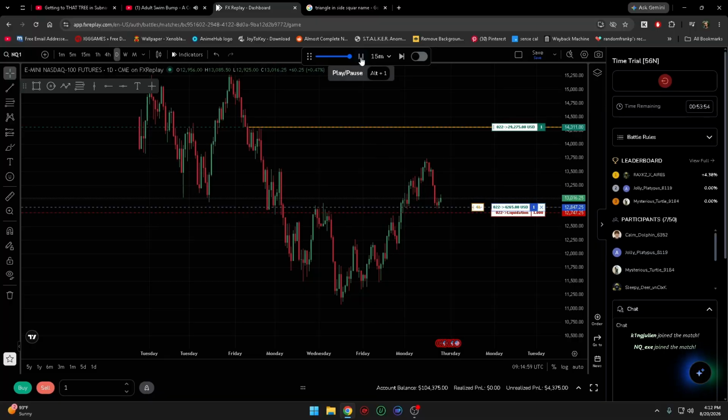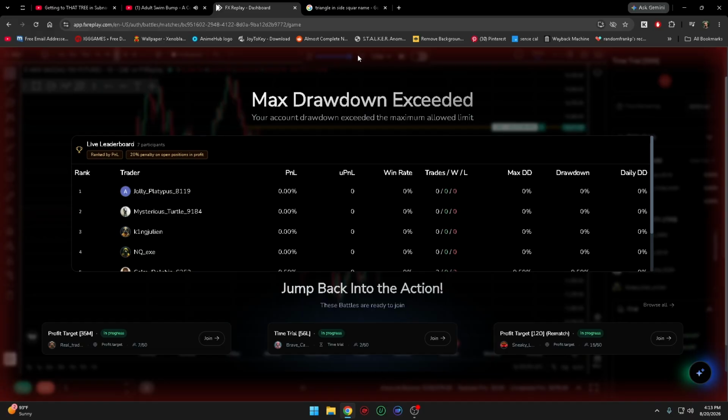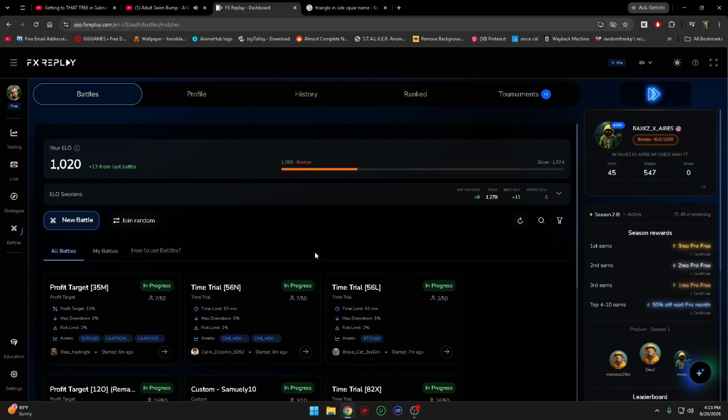I'm just trying to see this play out fast as possible. Nice drawdown. I only use one lot. What? That's some BS.